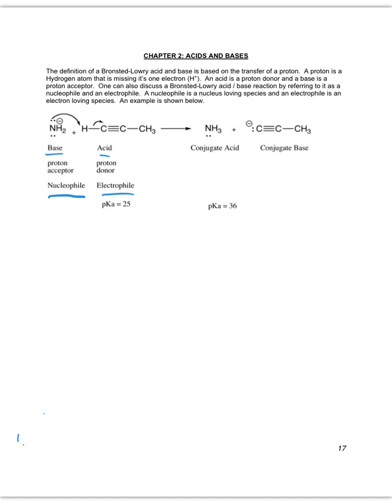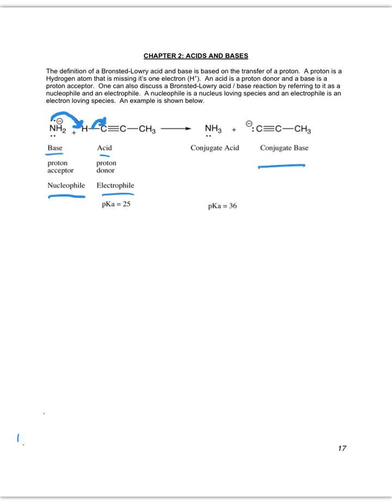So in this reaction, we're forming a bond between the amide ion, which is going to attack the hydrogen of the methylacetylene, and then the bond between the carbon and the hydrogen is breaking with the electrons going to the carbon. We form a negative charge on the methylacetylene.